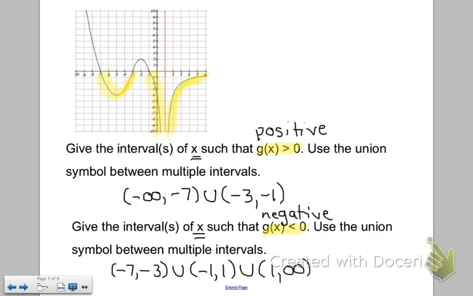And that's because negative 7 isn't actually included. At negative 7, the graph is 0. It's right before or right after that it's positive or negative. So anytime you're asked about intervals where the graph is positive or negative, you will always, always, always use parentheses, not brackets.